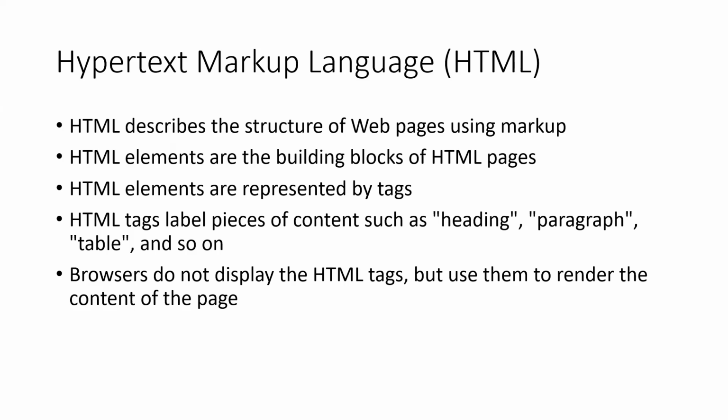That can be described using what we call markups or tags. And you have different content in the web page, such as a heading, paragraph, and table. So this defines different content.